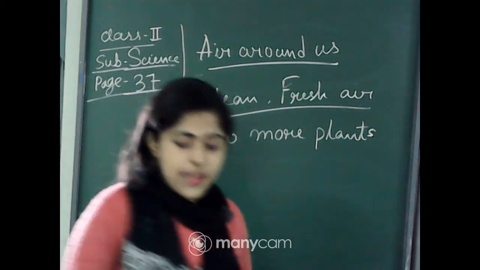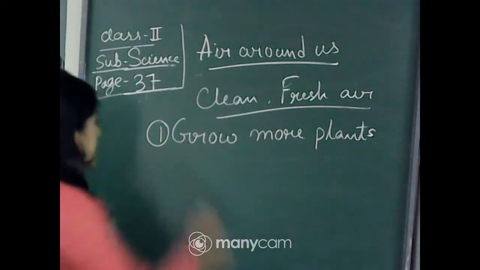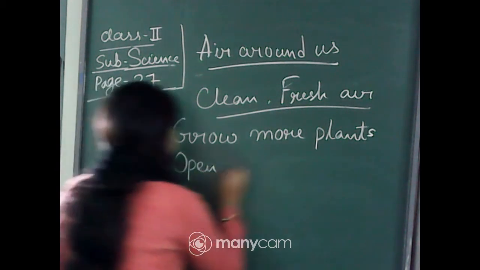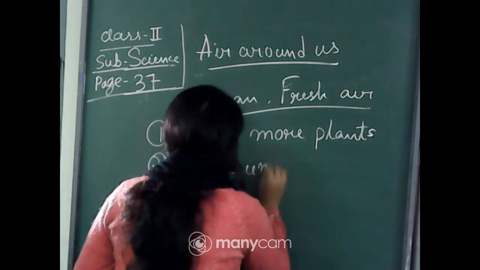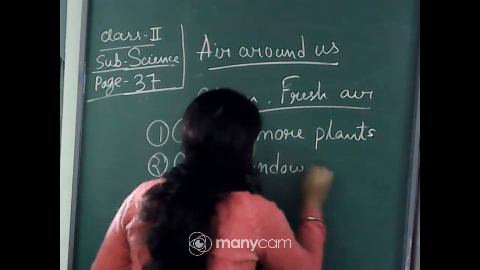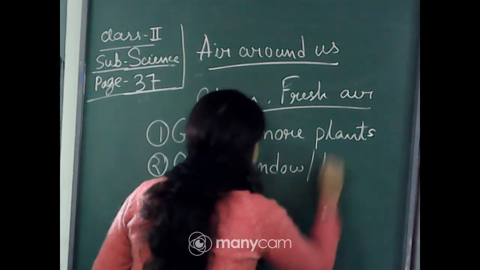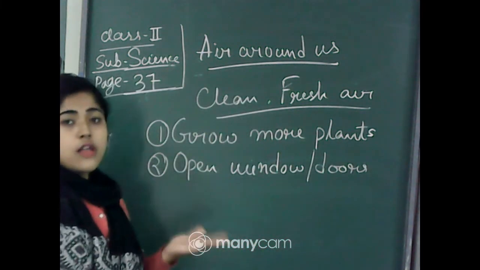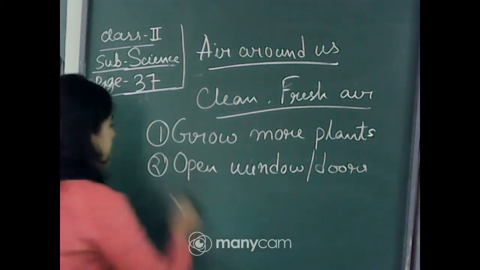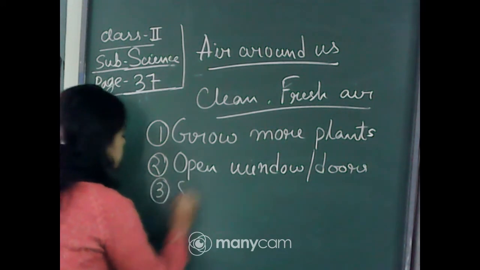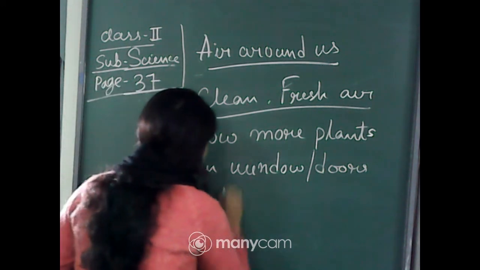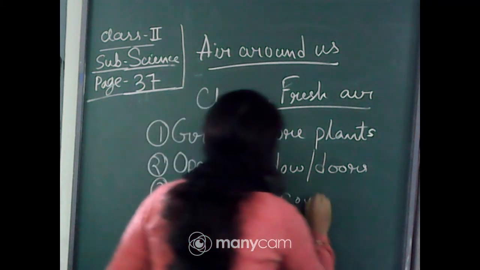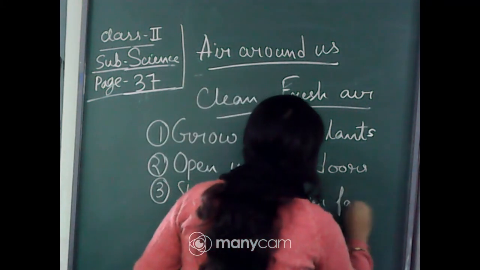First of all, we have to grow more plants. Second, we have to open windows and doors in our room and in our house for getting fresh air. Third, we should not cover our face while sleeping.